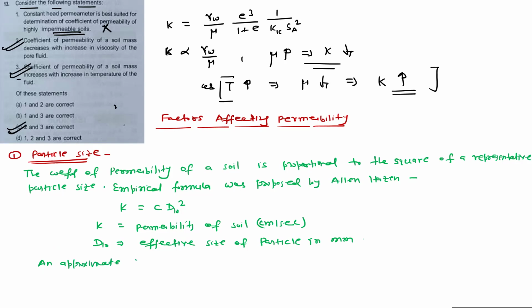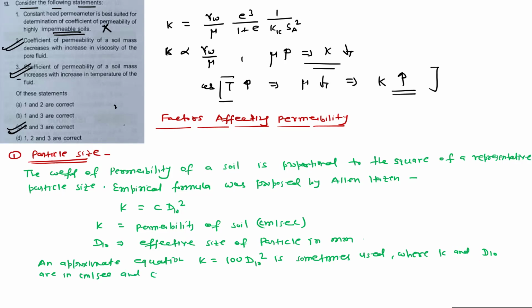An approximate equation, K is equal to 100 d10 square, is sometimes used, where K and d10 are in centimeter per second and centimeter respectively.